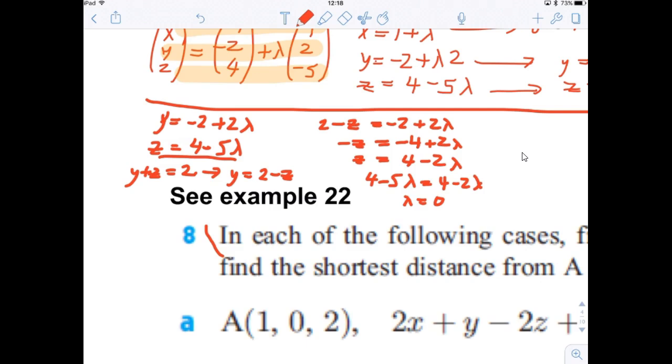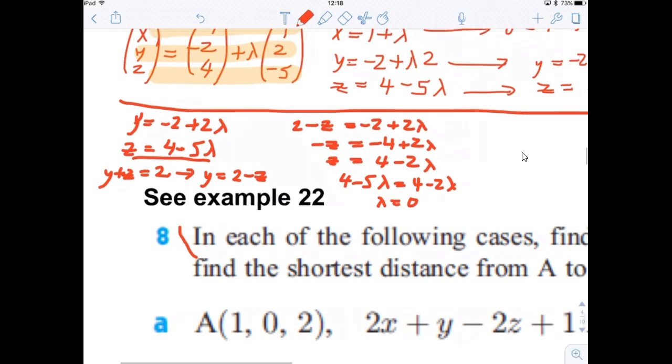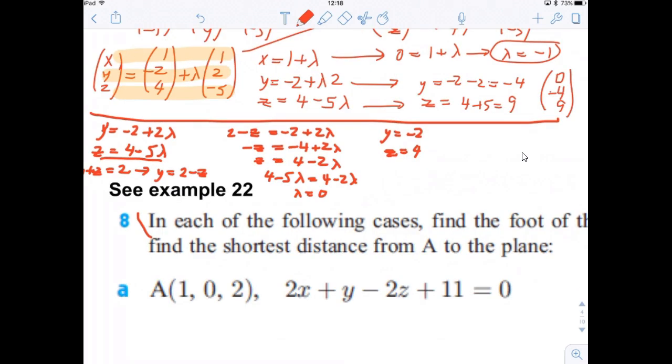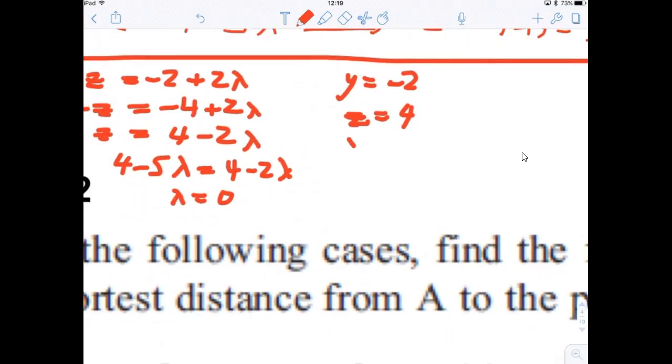So if lambda equals 0, then we could use the first equation, y equals -2 plus 2 lambda, to find out that in this case y is actually equal to -2. We could use the second equation, z equals 4 minus 5 lambda, to find out that z in this case equals 4. And then we'll go back and take the x equals 1 plus lambda equation to find out that x is actually equal to 1.